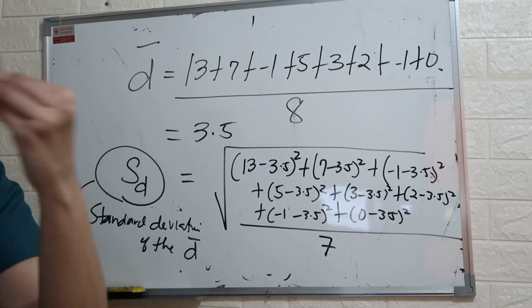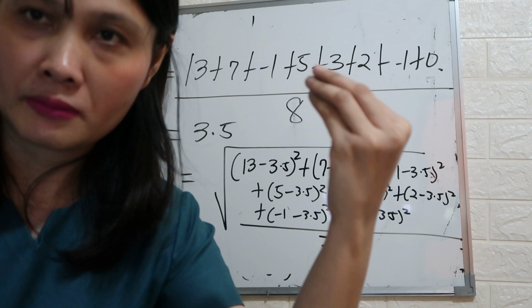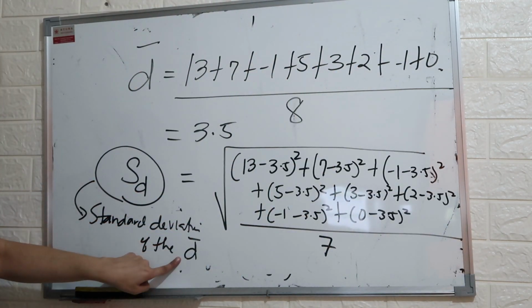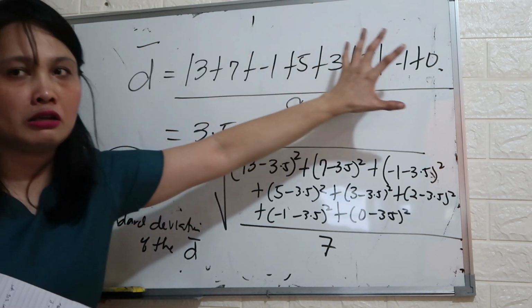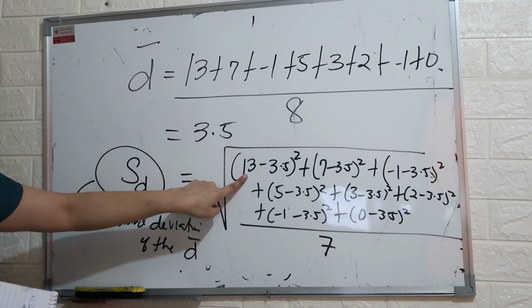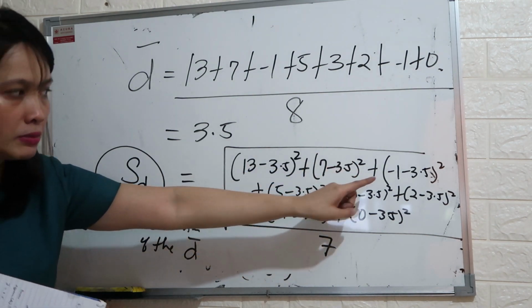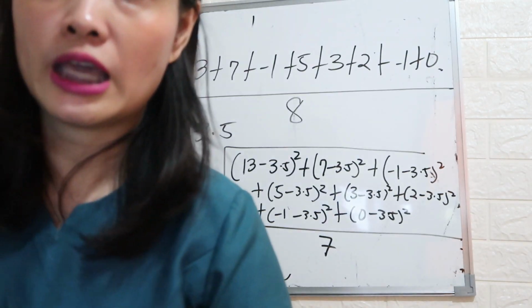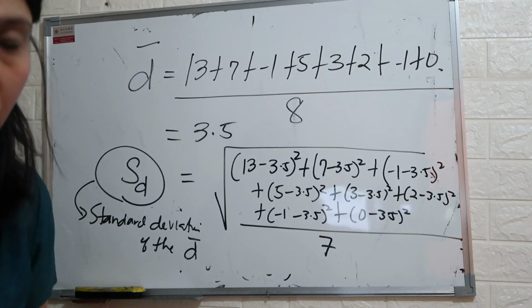Remember, in solving for the standard deviation of the sample, it is the summation of x minus the mean, squared, over n minus 1. So in solving the standard deviation of the mean difference, the mean difference is 3.5. So we have 13 minus 3.5 squared plus 7 minus 3.5 squared plus negative 1 minus 3.5 squared, and so on and so forth, divided by 7. How do you get 7? n minus 1. Using the calculator, you check, it is 4.7809.